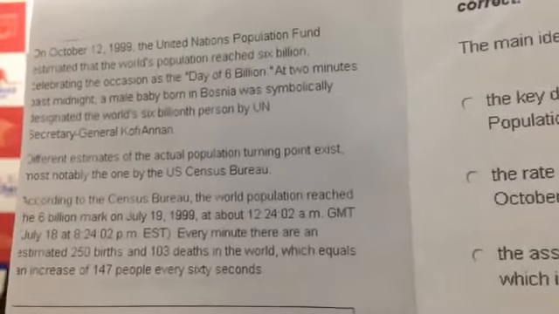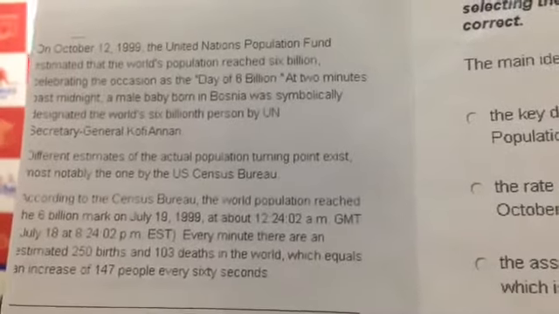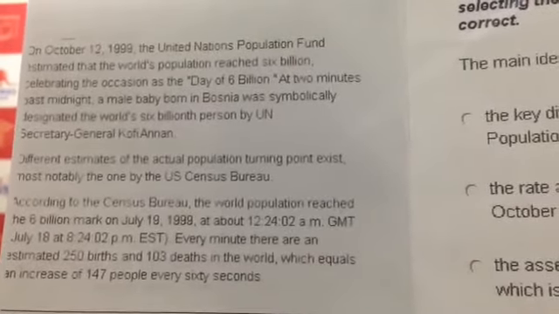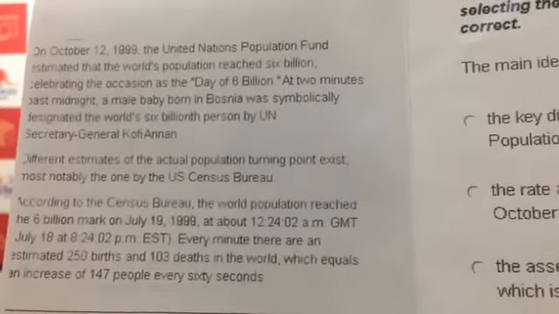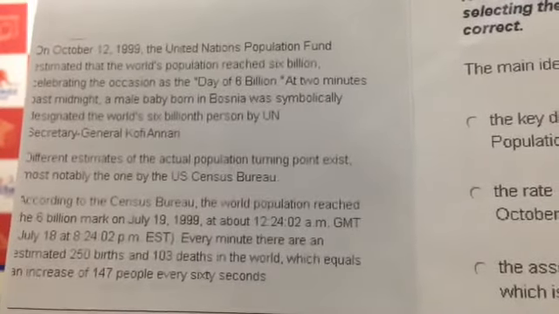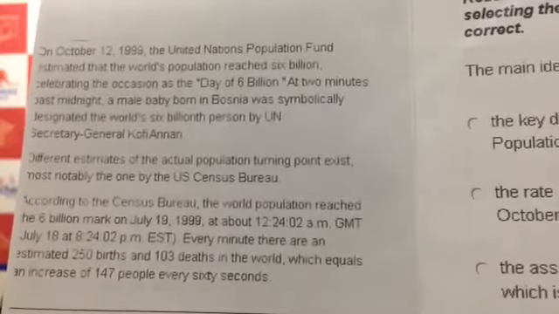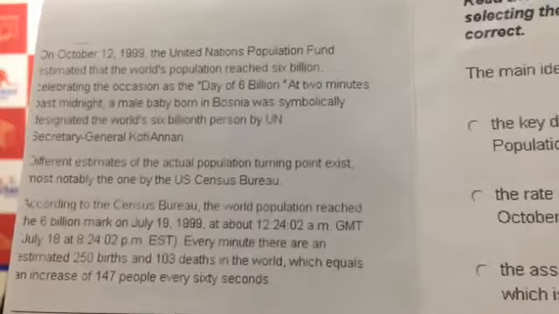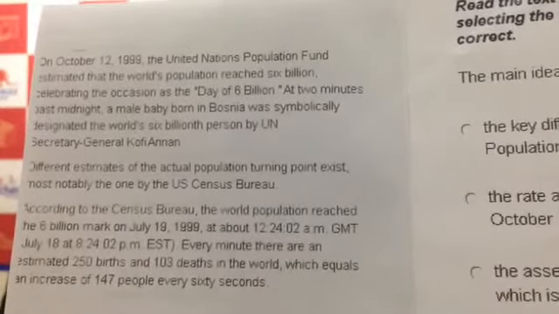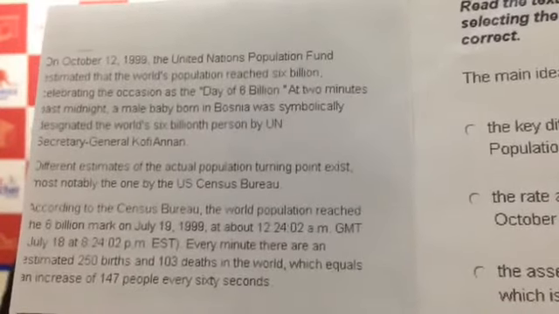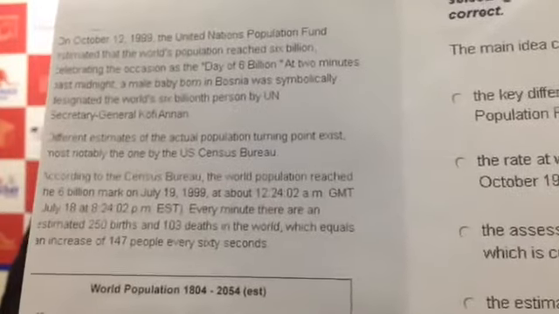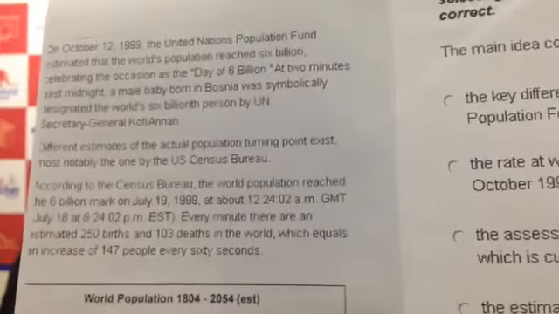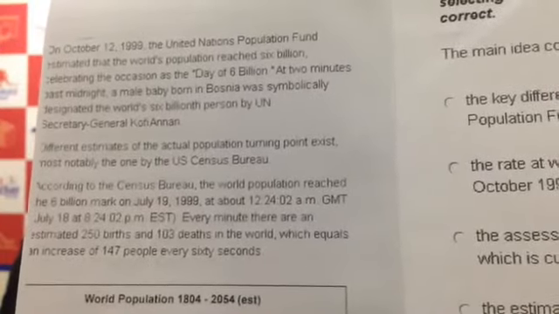On October 12, 1999, the United Nations Population Fund estimated that the world's population reached 6 billion, celebrating the occasion as the Day of 6 Billion. At 2 minutes past midnight, a male baby born in Bosnia was symbolically designated the world's 6 billionth person by UN Secretary General Kofi Annan. Different estimates of the actual population turning point exist, most notably the one by the US Census Bureau.